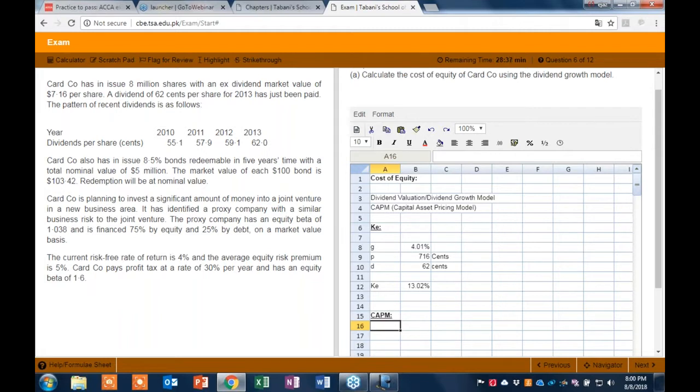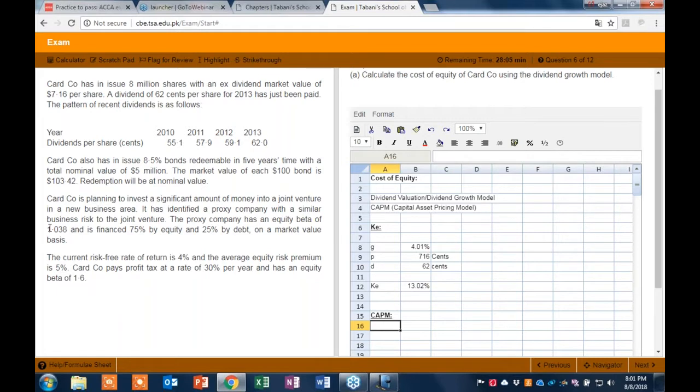Okay, now all of you who have come up with the answers have used 1.038 as equity beta, right? 1.6.